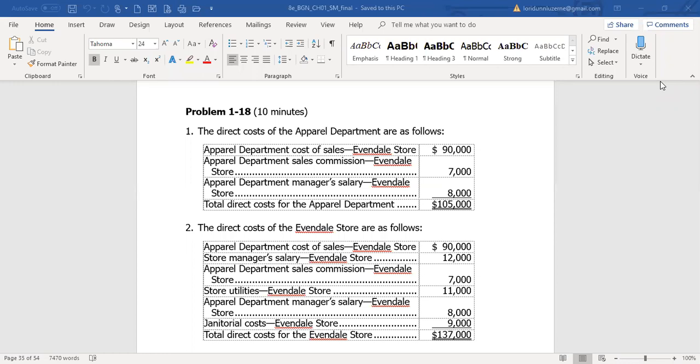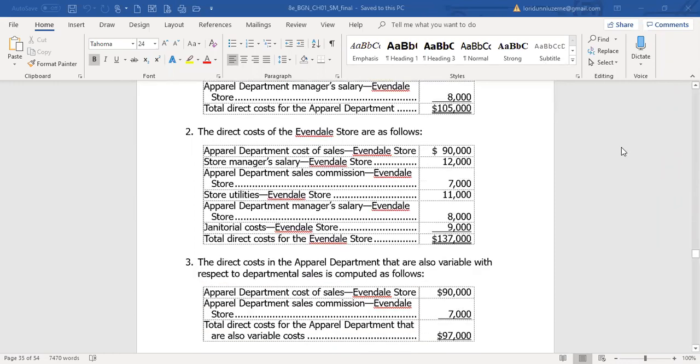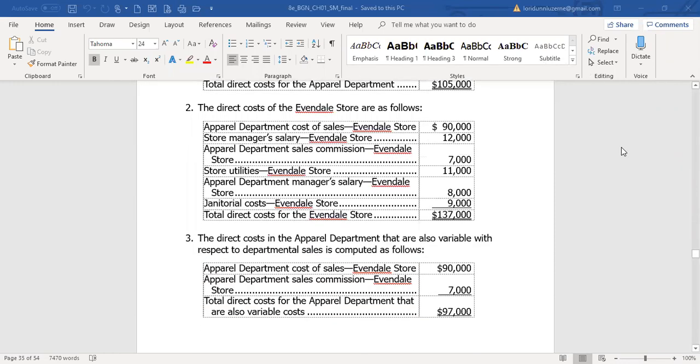So we're looking for items that are going to increase or decrease in the same direction as sales. So what kind of items in this problem would account for those items? The cost of sales.